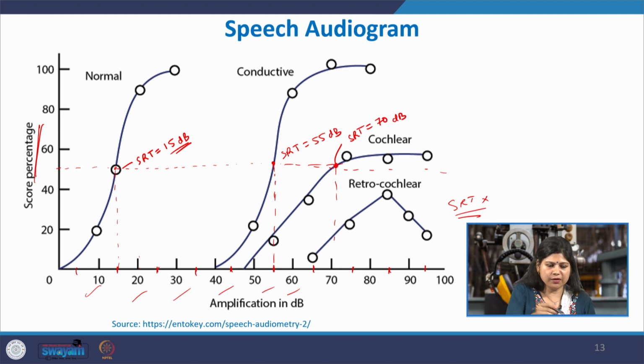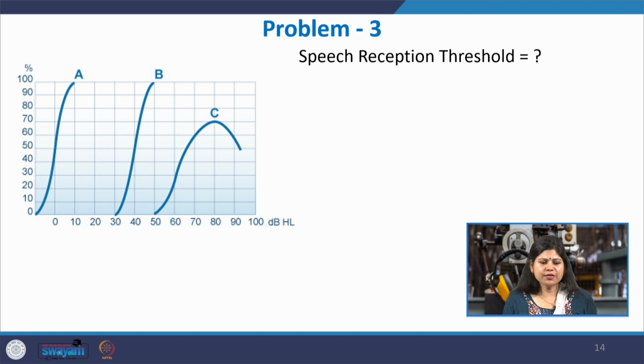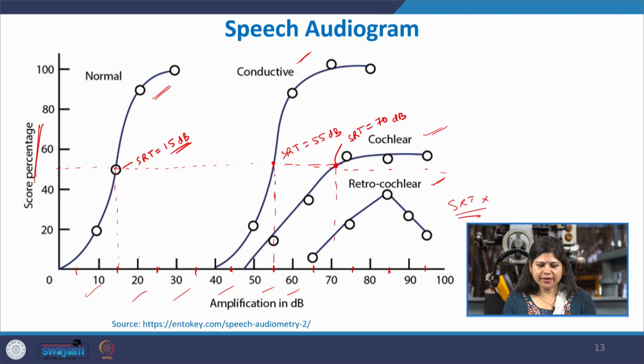This is a normal hearing curve. This becomes conductive hearing loss, cochlear hearing loss, retrocochlear, and these are some of the clinical terms which define what is the cause behind the hearing loss and what kind of damage has happened to the hearing. Okay, so we just saw the speech audiogram and what it means and what kind of hearing we have.